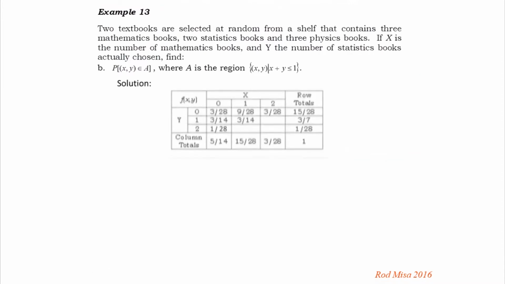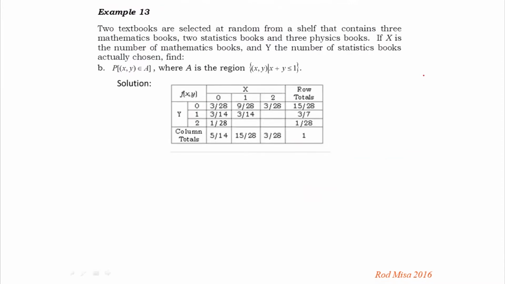What is the probability value for the possible pairs of x and y where the sum must not be greater than 1? And to solve for this one, we need to identify the sum of the possible pairs that are not greater than 1. So we have this probability value because your x is 0 added to your y of 0, the sum is not greater than 1.